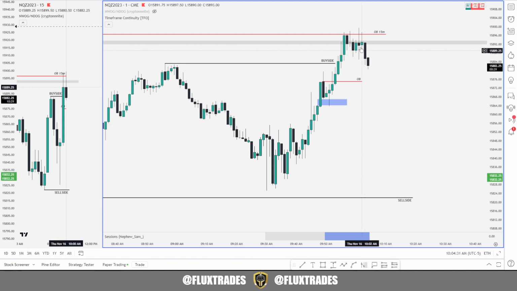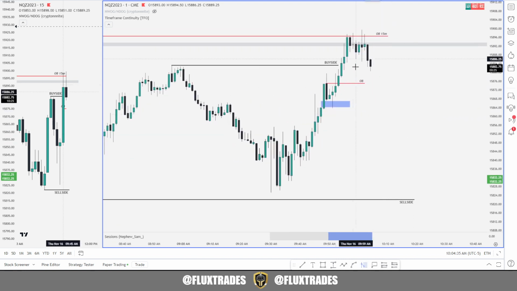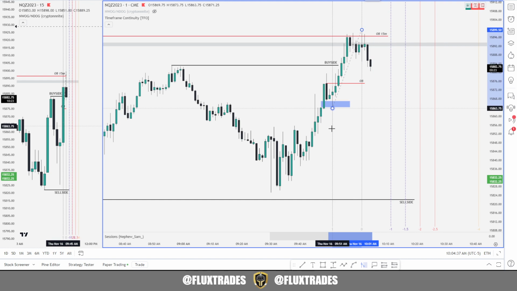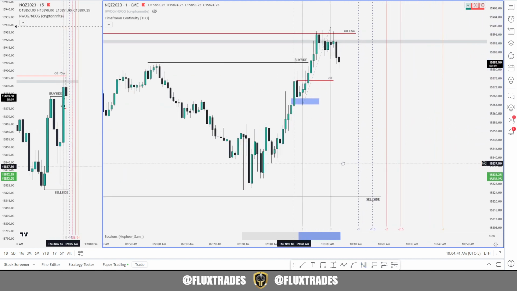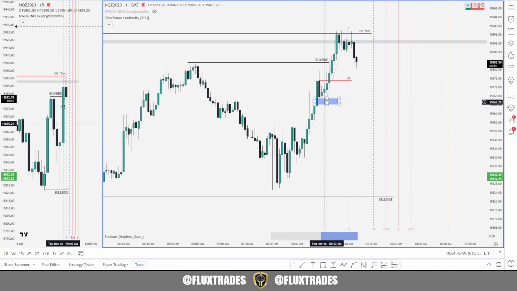I'm watching this gap here. Now potentially, if you want to see this as your time fib stuff, potential breaker here. Right, last down closing candle before the sweep.